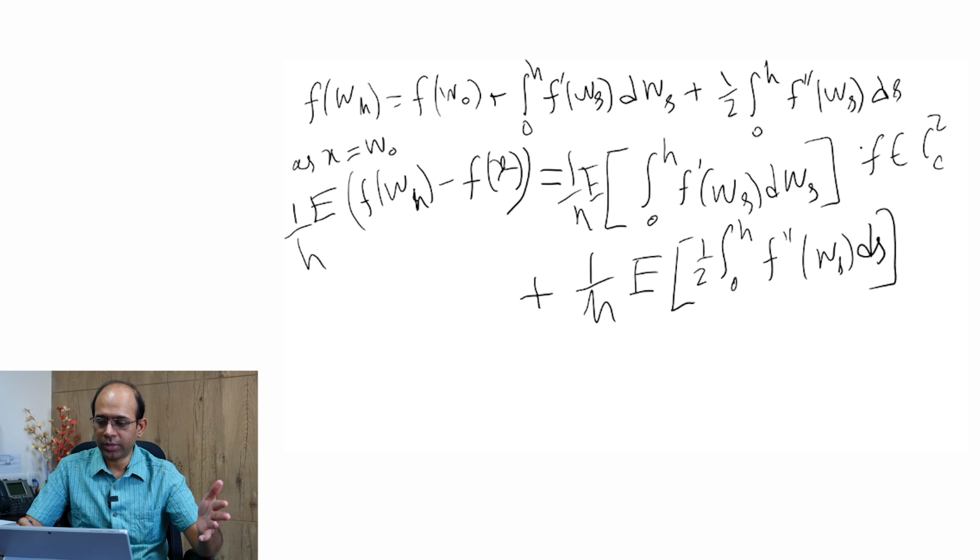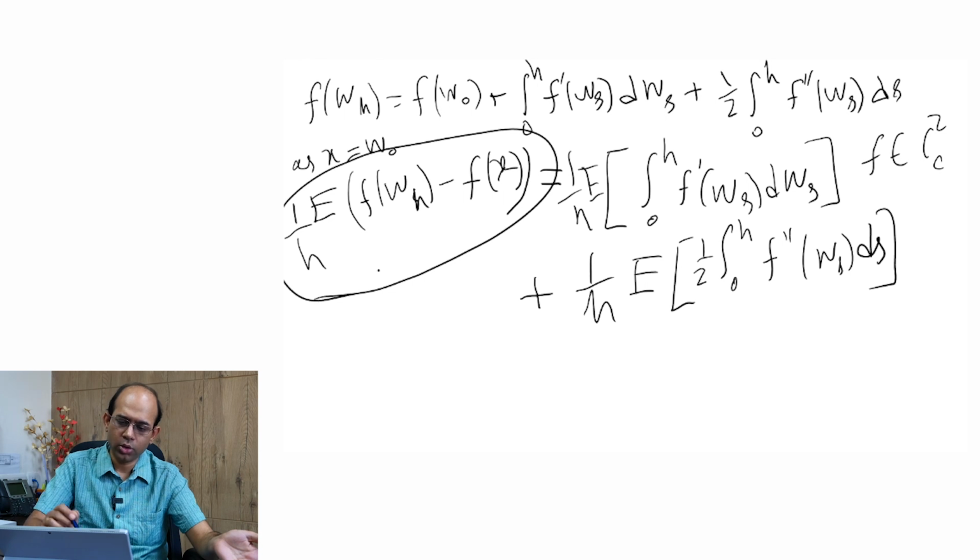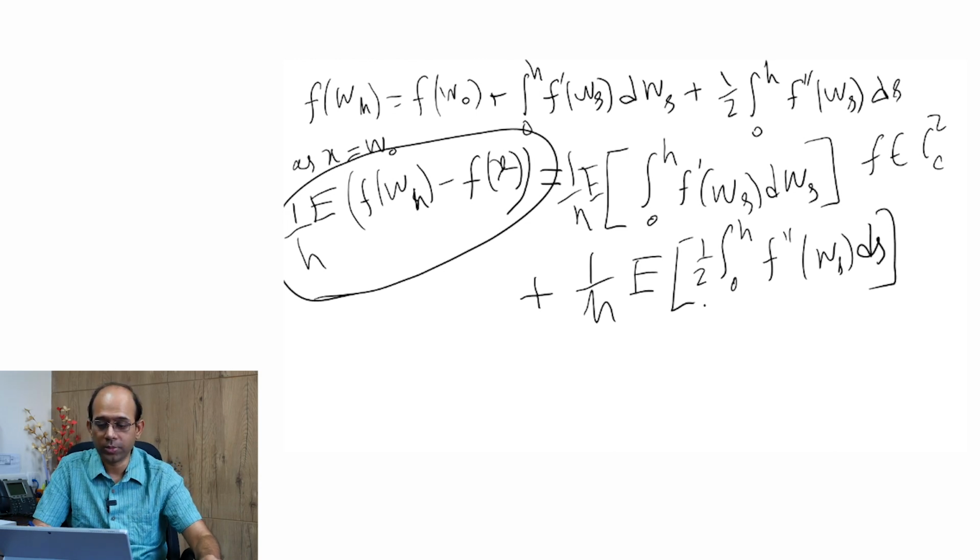Then a bounded function integrated against a martingale gives a martingale, whose expectation has mean 0. So this expectation is just 0. So you are left with only this part, which appears in the slide, and this part should remain.